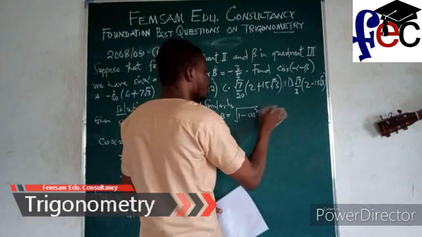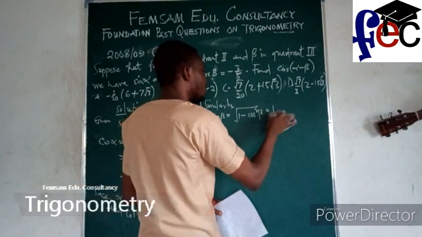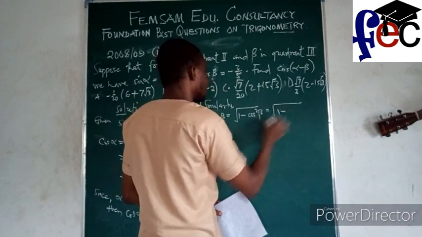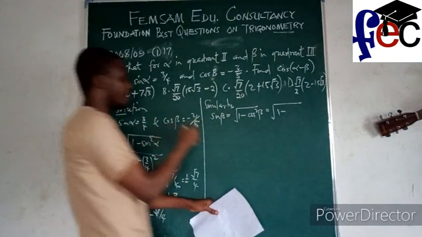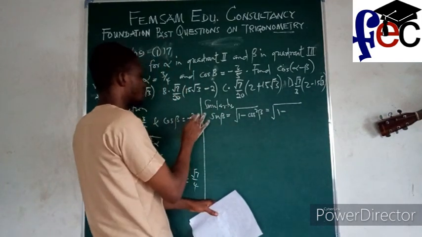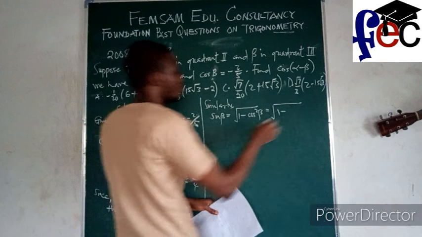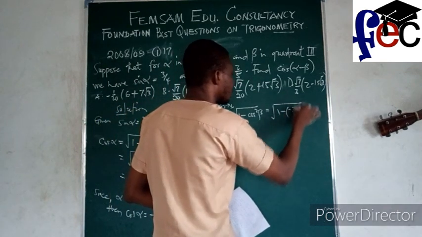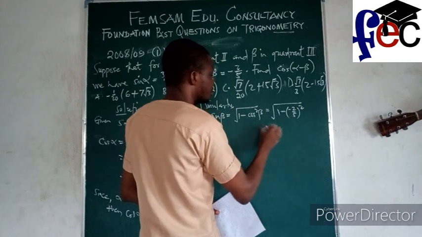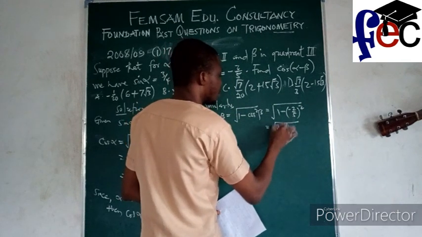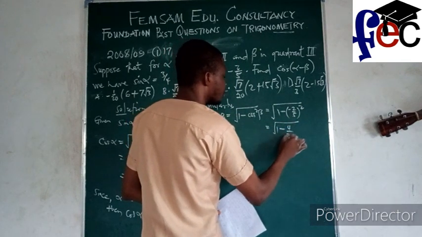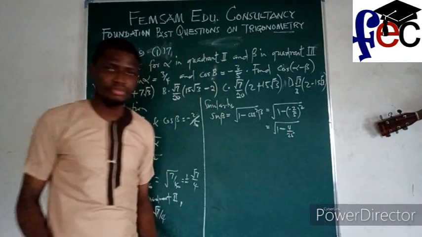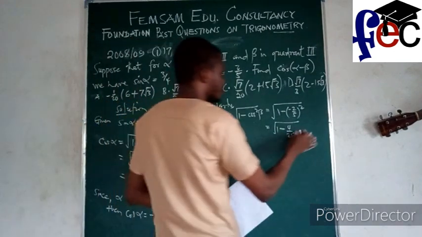So this will give me the square root of 1 minus, what is cos beta? Minus 2 over 5, right? That's minus 2 over 5 all squared. And this will give me the square root of 1 minus 4 over 25. And subtract that, that's going to be what?